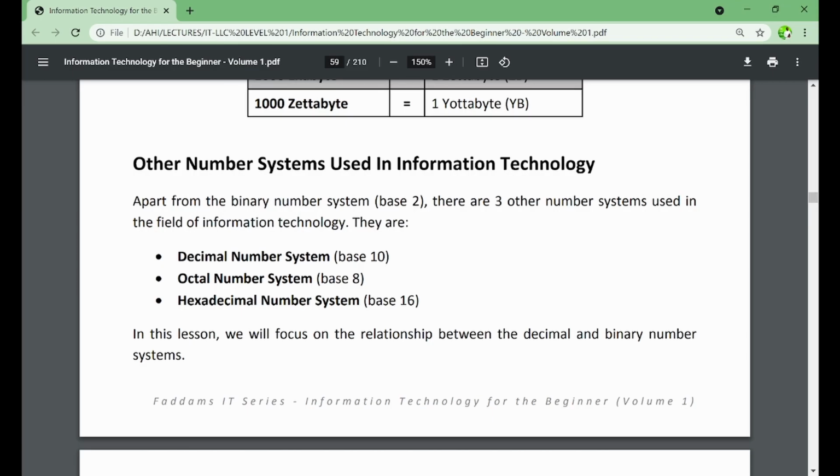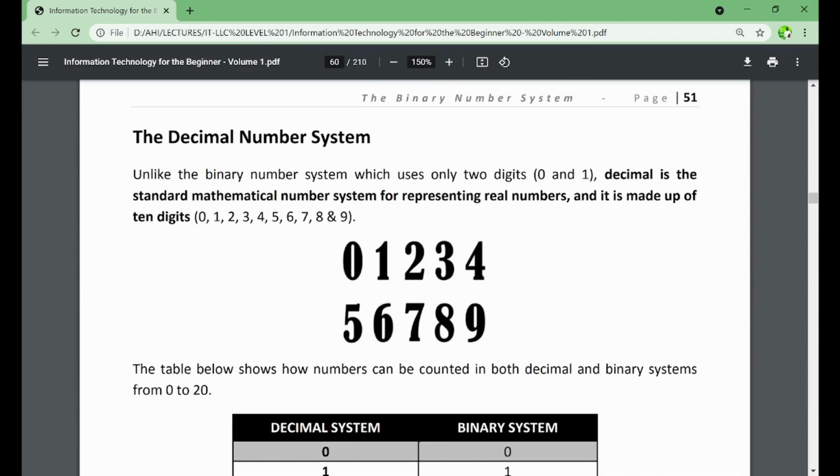We also talked about other number systems used in IT, and we introduced you to the octal number system, which is base 8, the decimal number system base 10, and the hexadecimal number system base 16. All right. Today we'll continue and delve a little bit into the relationship between binary and decimal. Because we humans are educated or trained in decimal, computers work in binary.